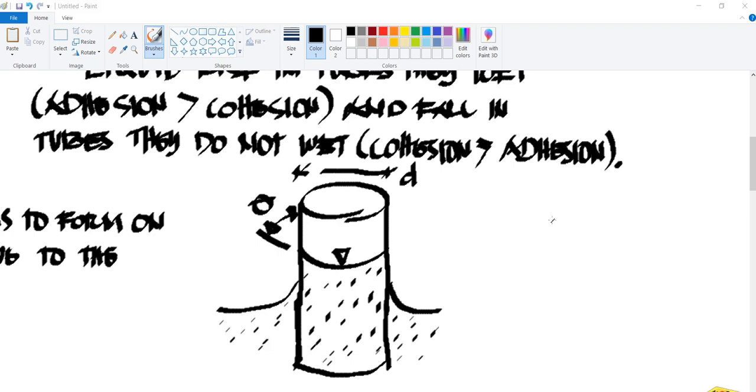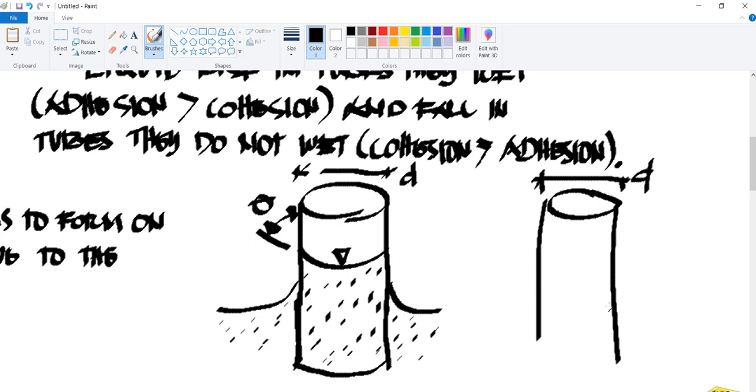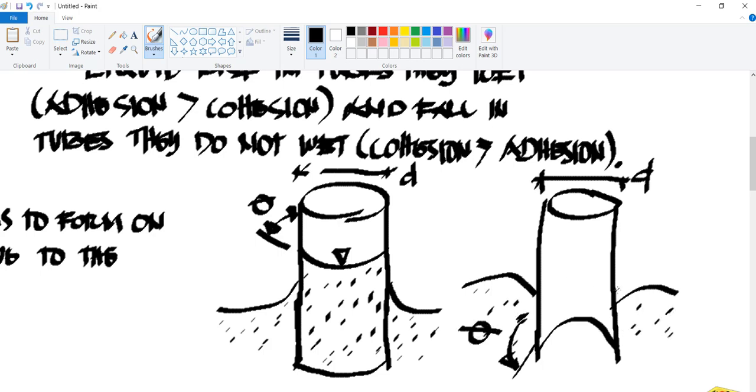Typically it looks like this. You have the diameter of your tube, the water, and the surrounding fluid. Here is a meniscus of water, and you have your angle theta.